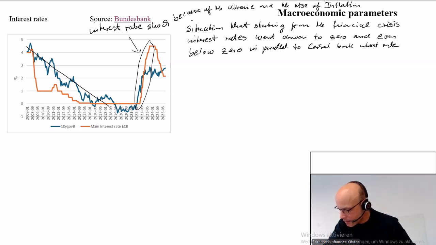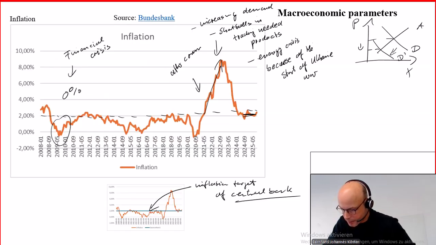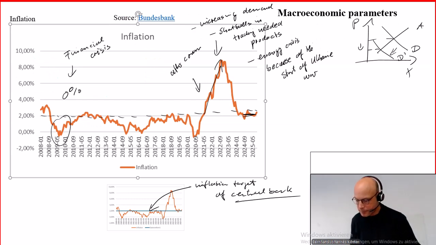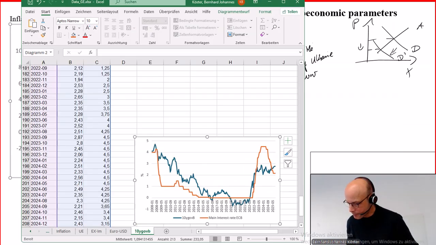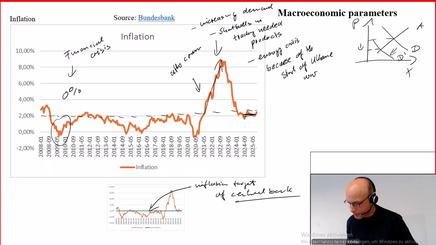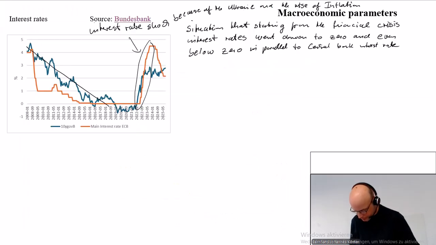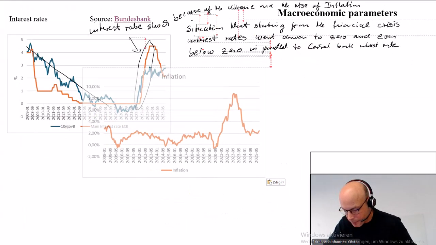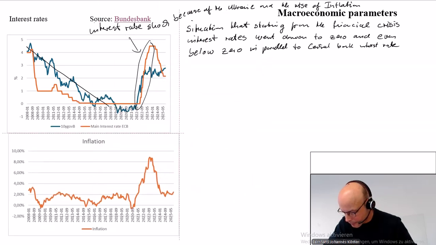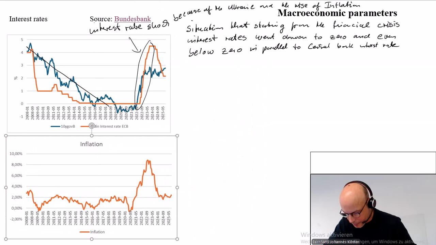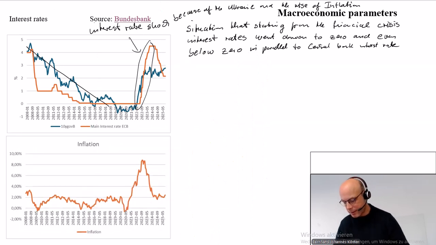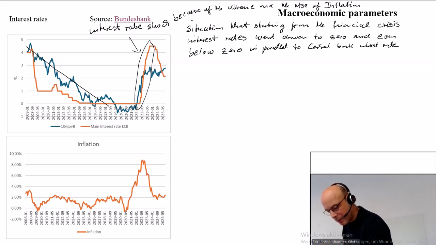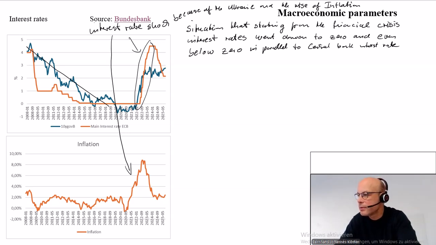So of course, then looking at the interest rate, it is reasonable to directly also look at the inflation rate. Let's take, where did we have inflation? This was here. And then you see more or less that we have this steep increase of the interest rate.